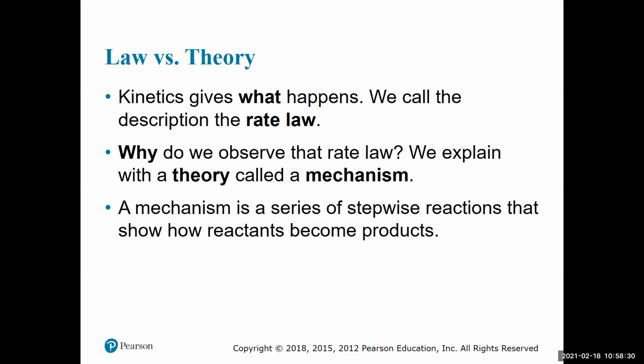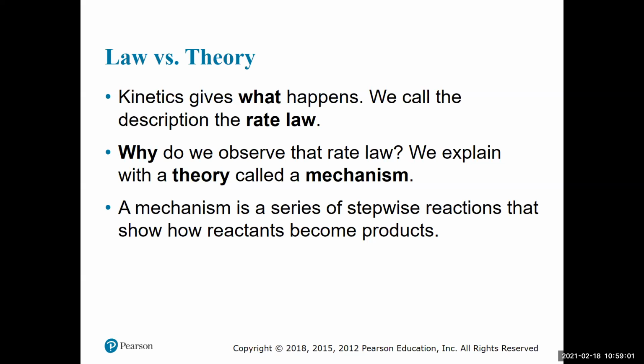Okay, so we talk about kinetics and we have a rate law, but the reality is that most reactions don't really occur the way we write them. We write a couple of reactants and then we get a couple of products. That part's correct. It's just that the path usually isn't that direct.